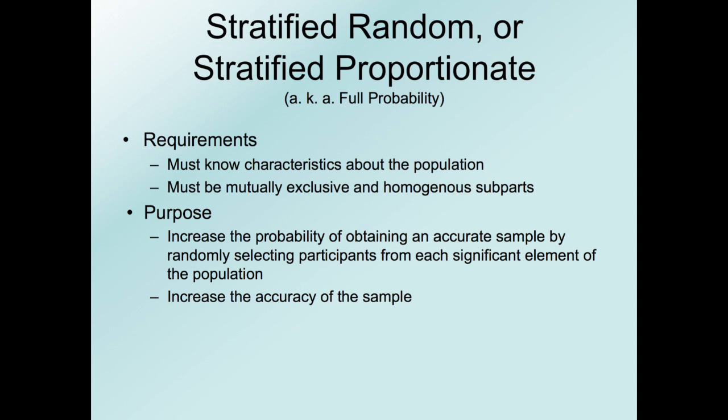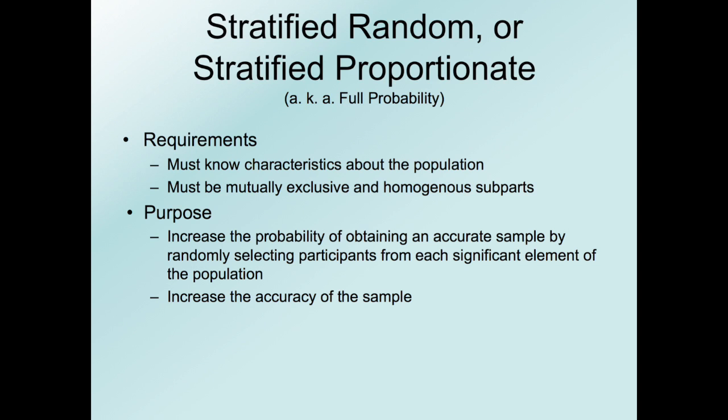Mutually exclusive, so they wouldn't be in more than one group or one category. And you have homogeneous subparts, right? So comparable, I guess you could think of it that way, right? Comparable groups within your sample that provide the representation.